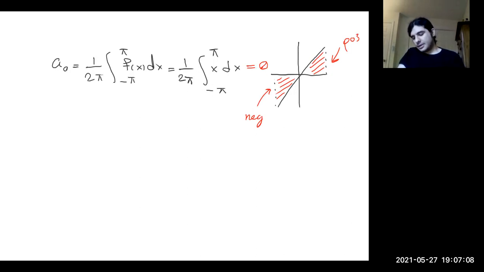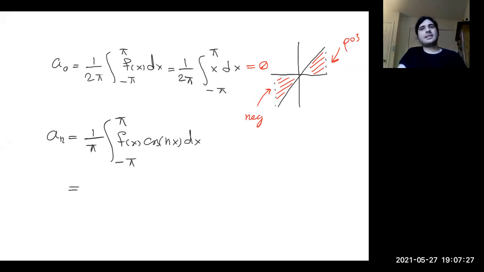Now, the other part is a_n, which is 1 over pi times the integral from minus pi to pi of f(x) cos(nx) dx. Actually, this integral we also don't need to compute, but I would just ignore that for a moment and compute the integral.